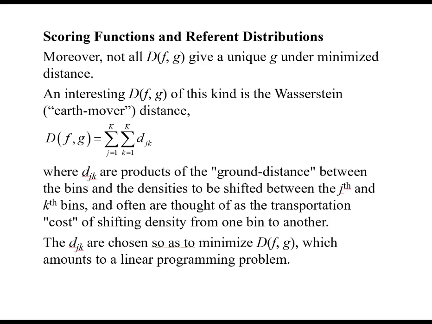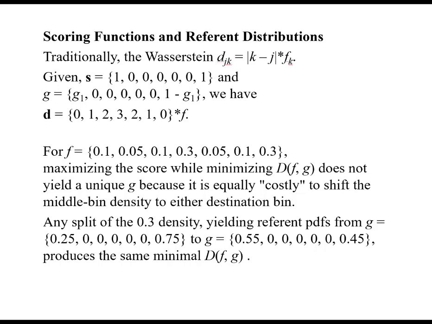And they're thought of as the transportation cost of shifting density from one bin to another. The d sub jk's are chosen so as to minimize DFG, and that amounts to a linear programming problem. But oftentimes, this can be solved just by inspection, which is what we're going to do here.